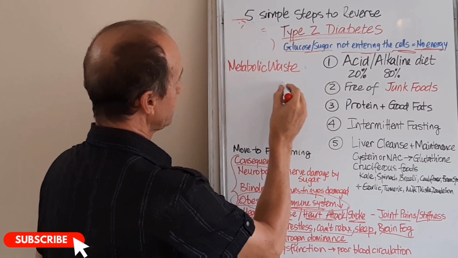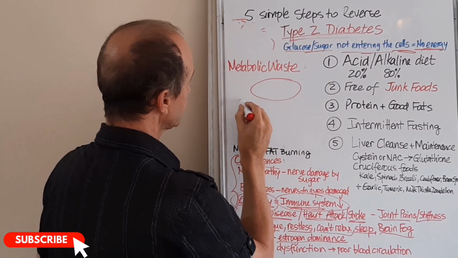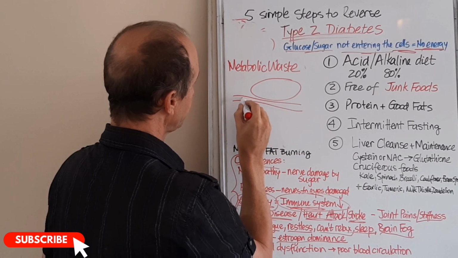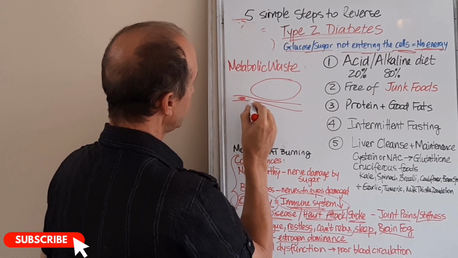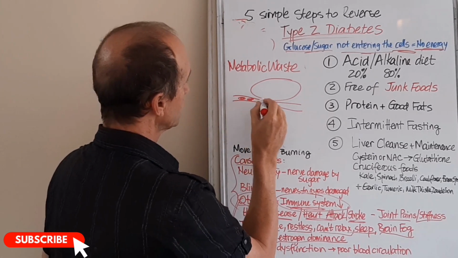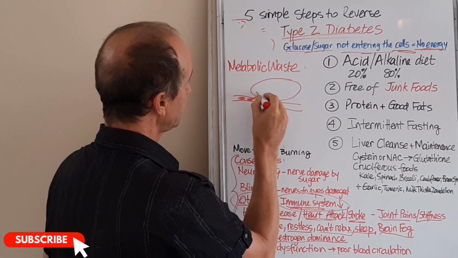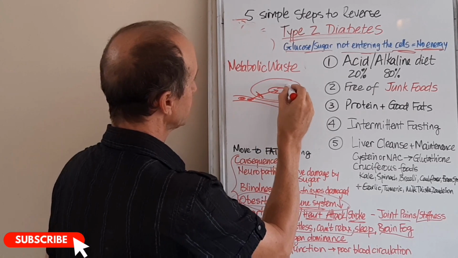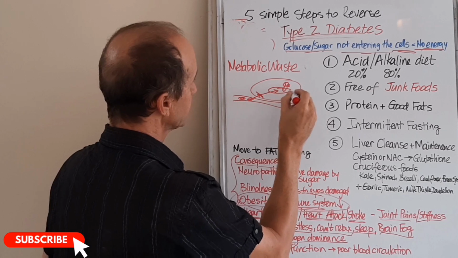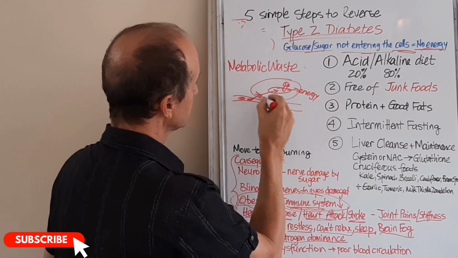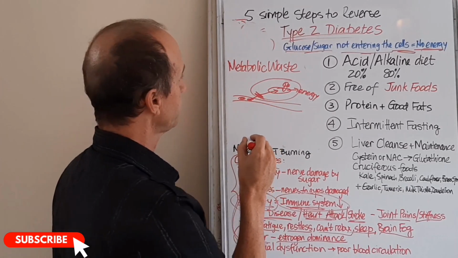Now, here's your cell, and next to the cell there's a blood vessel. In your blood vessel you'll have your blood, and you'll have insulin, and in the insulin is sugar. So now the sugar arrives at the cell and it's closed. It can't go to the energy factory, where you have oxygen, to produce energy. This is blocked. It's called insulin resistance.